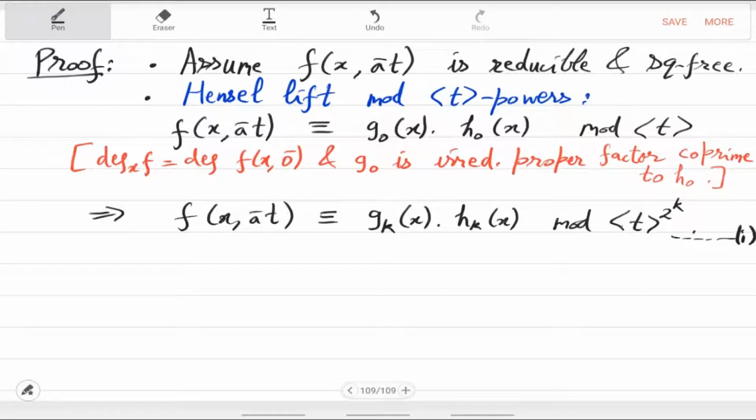That's one way. Now let us do something different. Okay, so Hensel lift mod y bar powers.